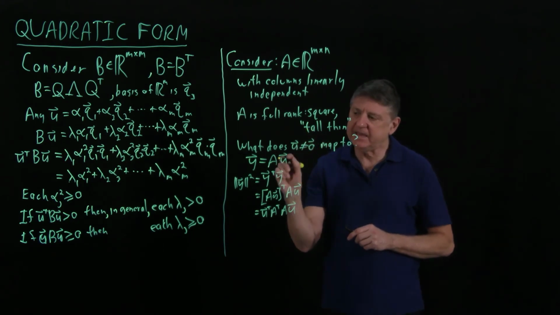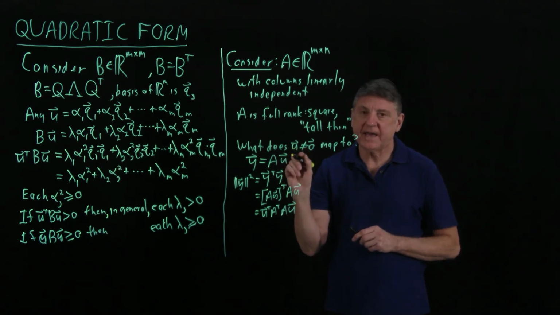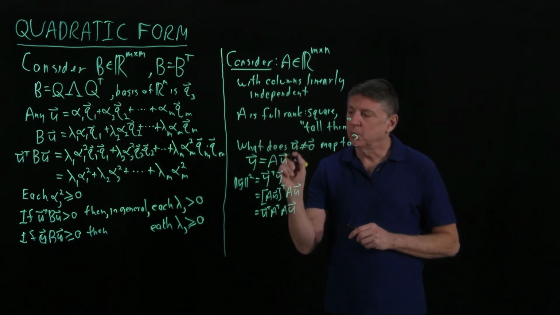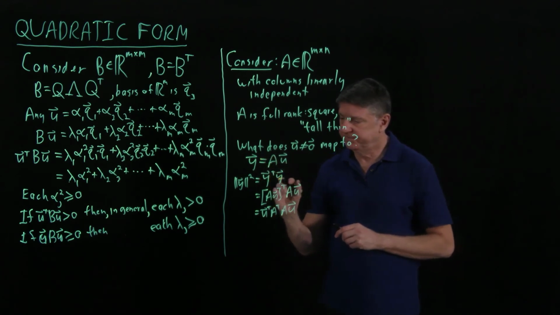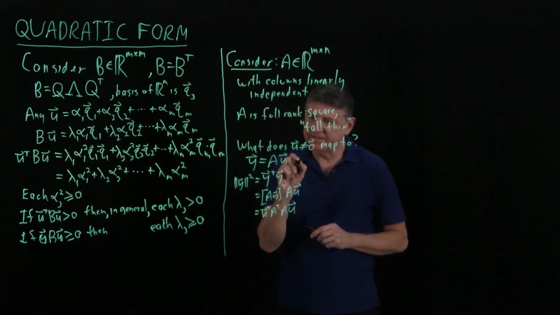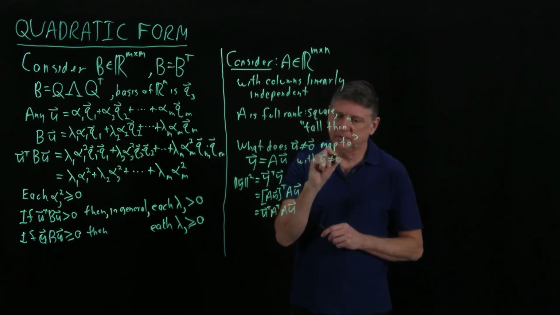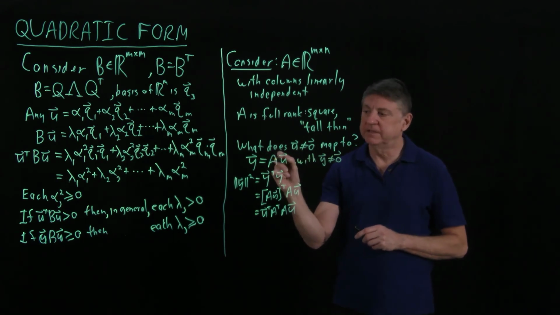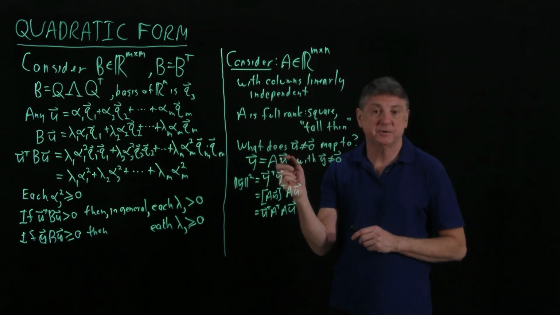That means that U can't be in its null space, and that means that y must be non-zero, with y not equal to 0, because the null space of this matrix, it being full rank, has to be trivial.